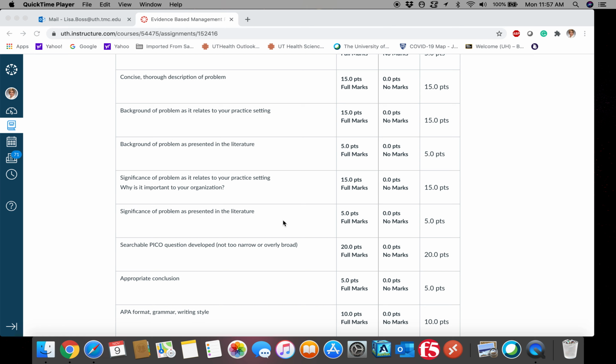So there is literature to say that there are more patient falls, higher morbidity and mortality, more infections, whatever. There are more problems in terms of patient outcomes when the leadership is deemed ineffective or not good. So that's what you will put in that paragraph.